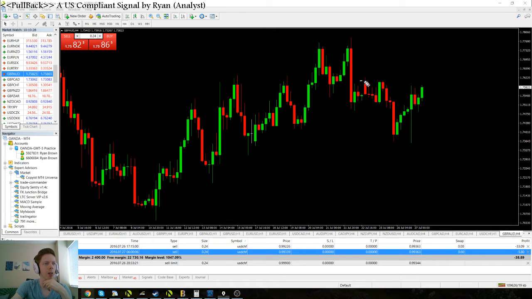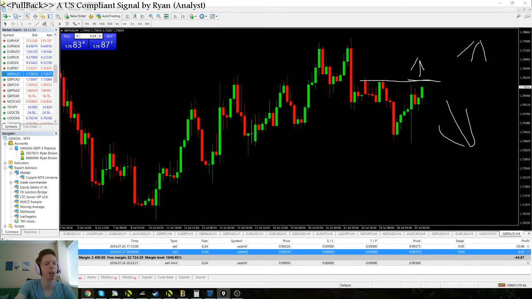Now, how do you know if this area holds or not? If the pair is giving you any kind of indication for a reversal down or up, it is when a candle closes above this level. When the body of the candle closes above this level, then it's likely that it could continue to push back up. At least that's my indication for the breaking of support and resistance areas.